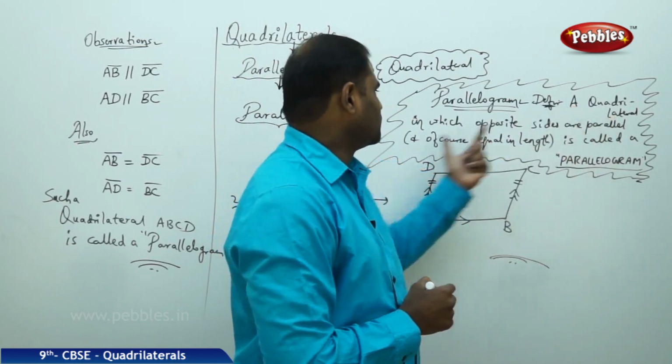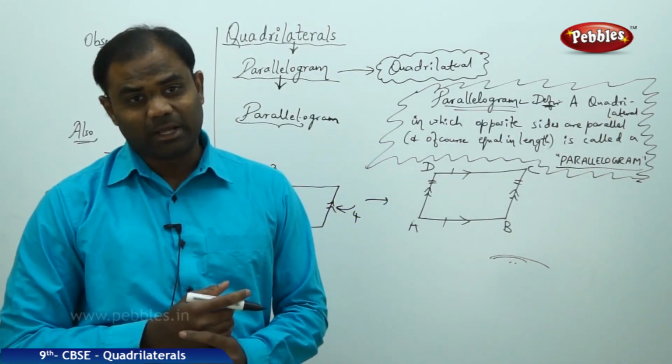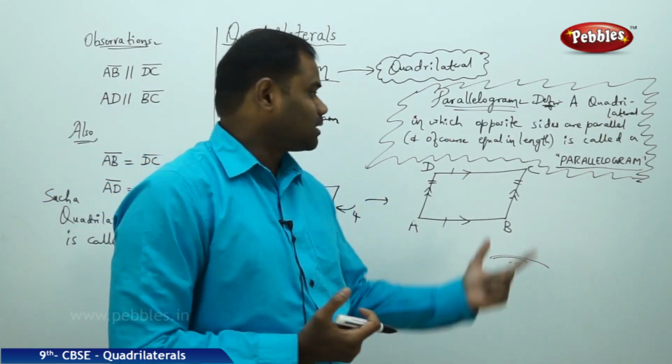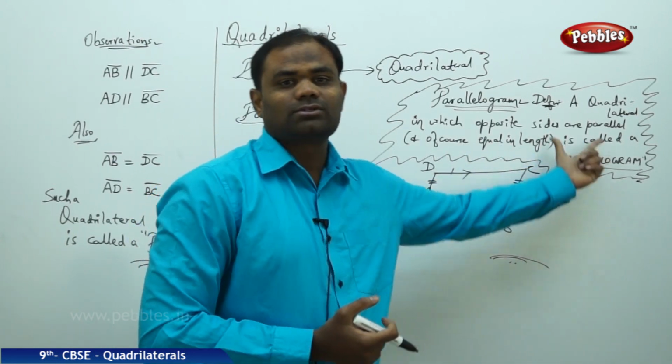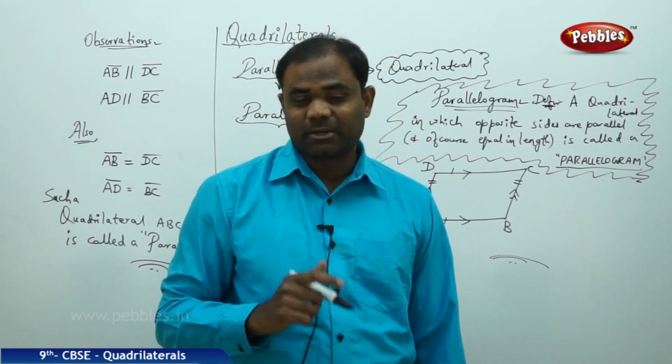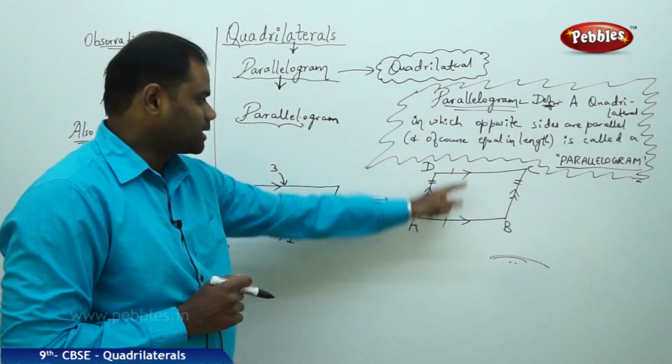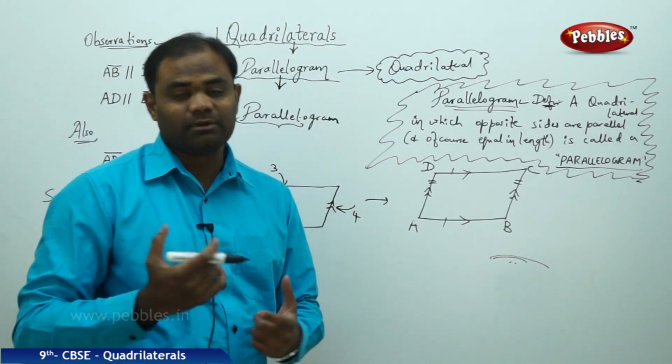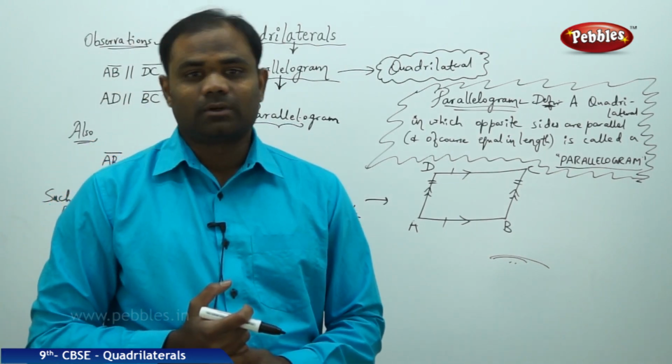A quadrilateral in which opposite sides are parallel and the opposite sides are equal in length is called a parallelogram. A quadrilateral with the special case of opposite sides parallel and equal is given the name parallelogram.